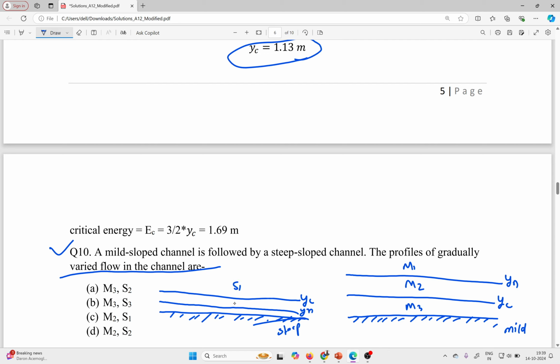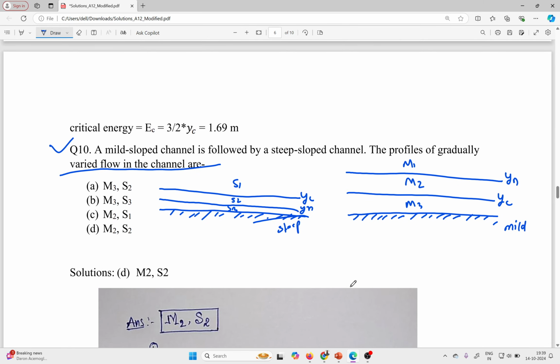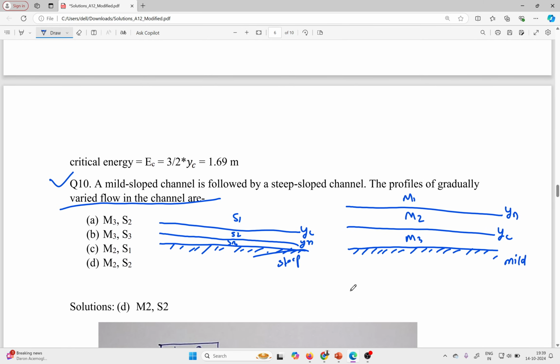So this is S1, this is S2, this is S3. So this is a zone of flow. Now what is the question telling? A mild slope channel is followed by steep. One mild slope channel is given, then steep, like that.